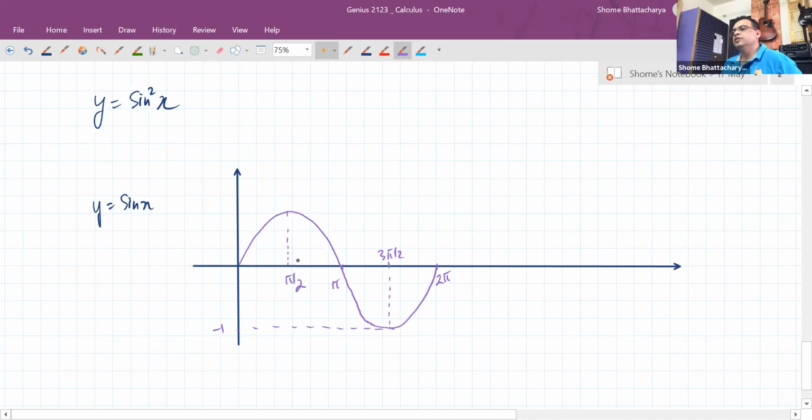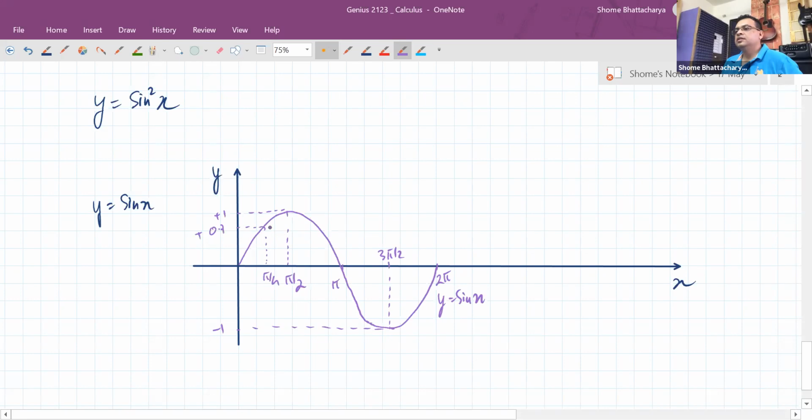So these are the most obvious points to consider for y equal to sine x graph. But also some important points are, for example, here at pi by 4, that is 45 degrees, the value is nearly 0.7 or 1 by root 2.